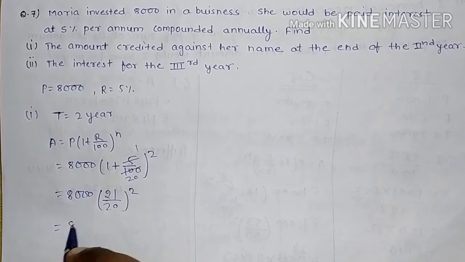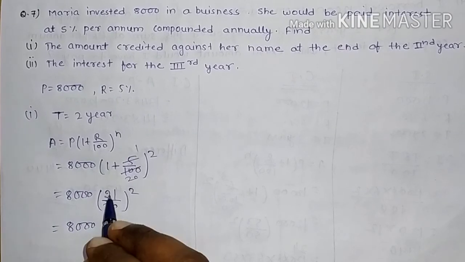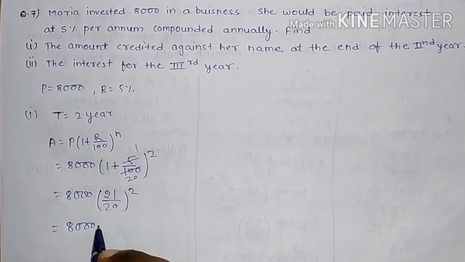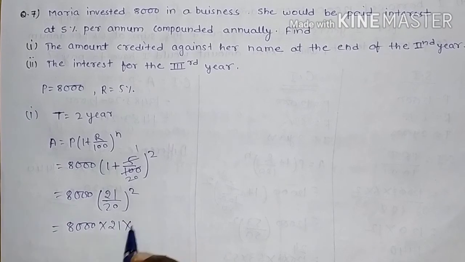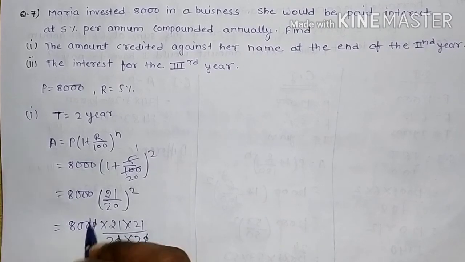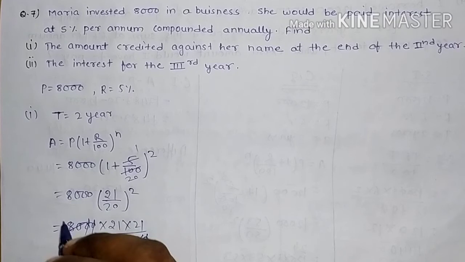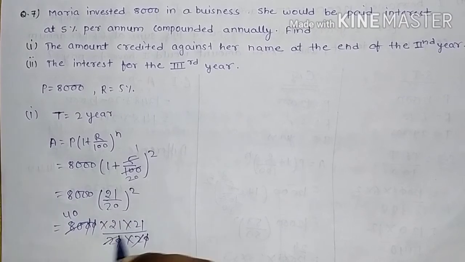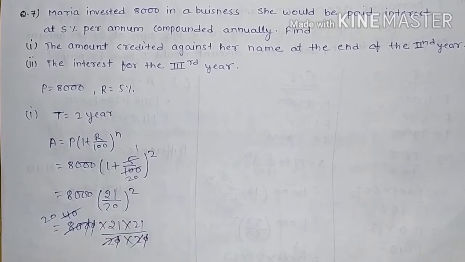Simplify it: 8,000 times 21 upon 20 to the whole square, which means 21 is multiplied 2 times and 20 is also multiplied 2 times. The zeros cancel out. 2 fours are 8, again 2 twos are 4, so 20.